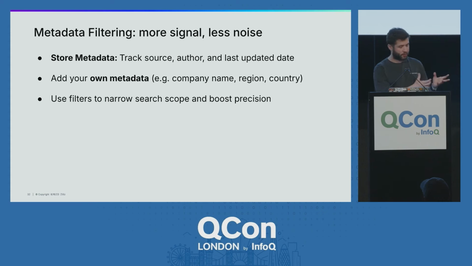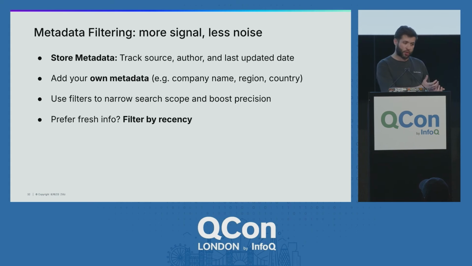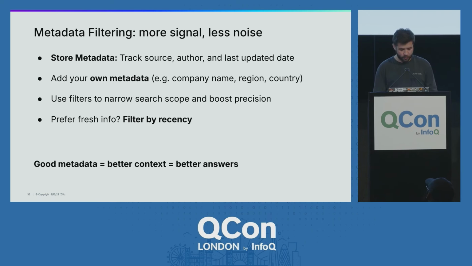That way you can use filters to narrow down the search scope, and you're going to improve your precision. Also, if you want information that is very fresh, you can filter by recency, so you don't have to go through all the data that is 5 years old when you only want the latest. So with good metadata, you have better context, and then you get better answers. This is what I want you to go out with.